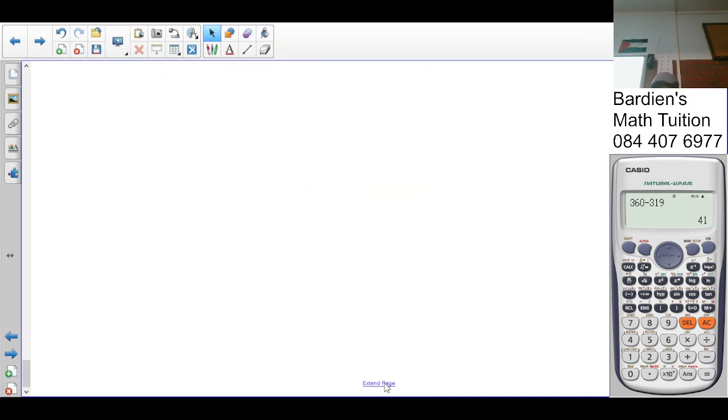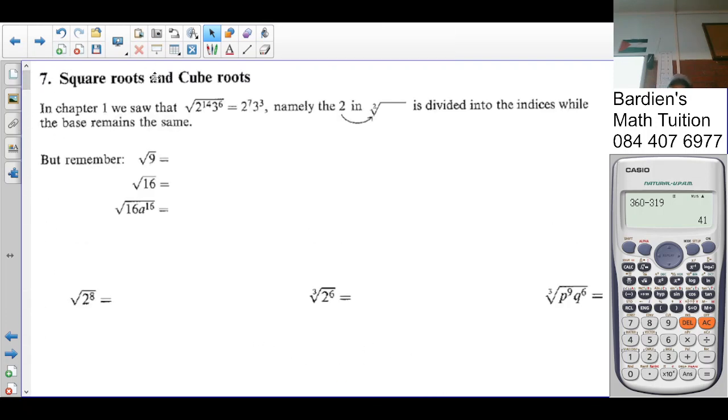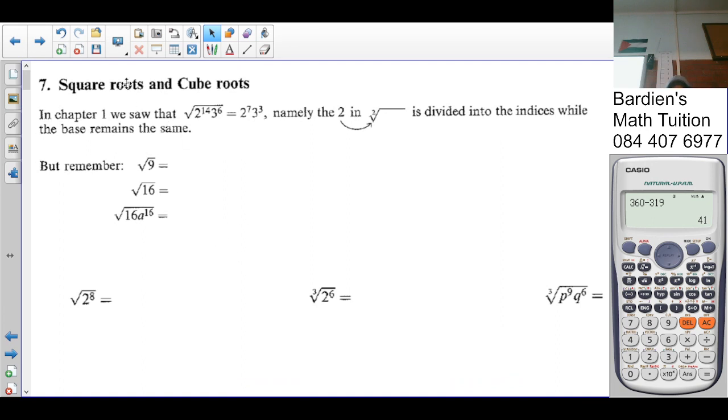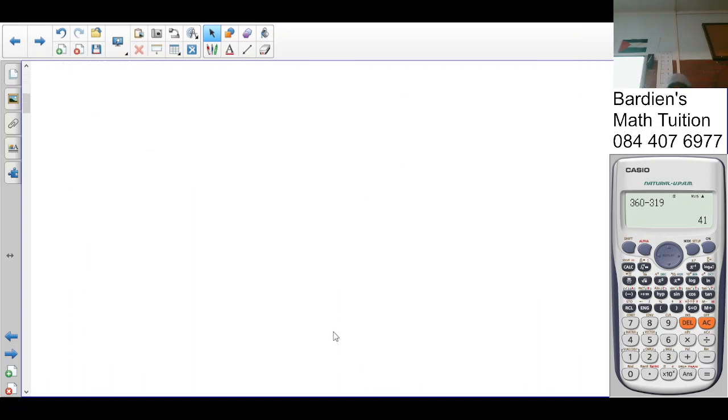Yes? Square roots and cube roots. Sorry? No, you don't have to write down the note. Yes? The photographer said that they need the whole class.